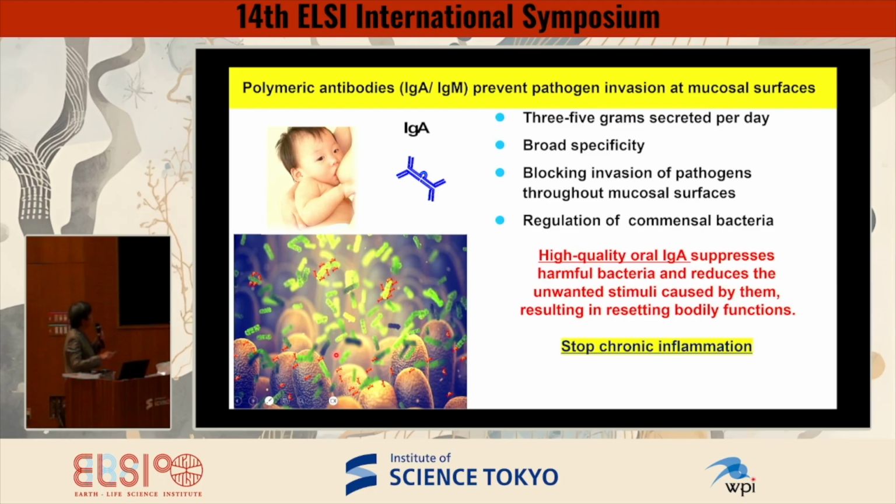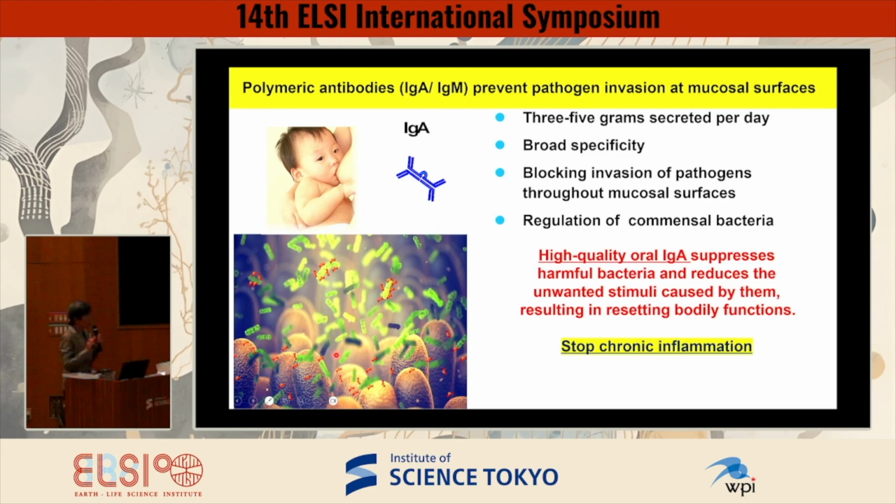So they function to block invasion of pathogens throughout the mucosal surfaces, not only the gastrointestinal tract but also the respiratory and urogenital tracts. And not only pathogens, IgA can also regulate the commensal bacteria. That is very important to make symbiosis, but not dysbiosis.